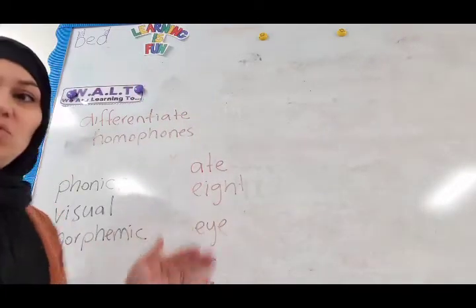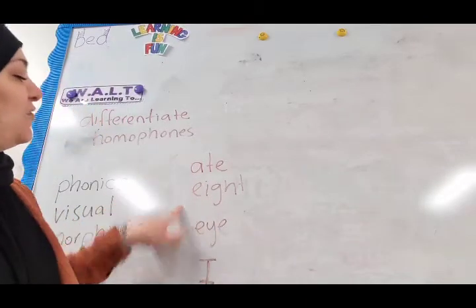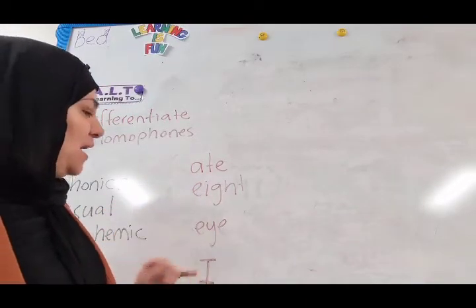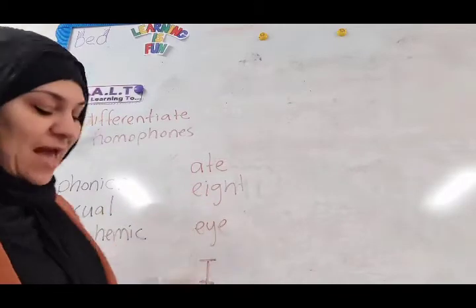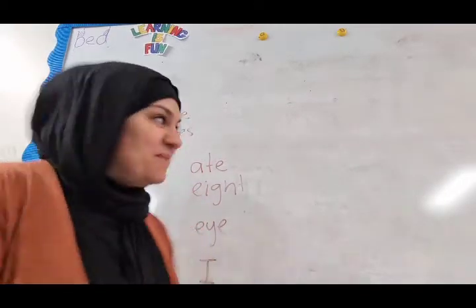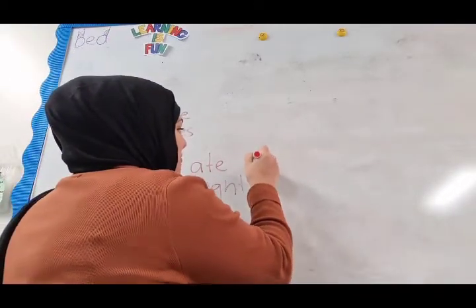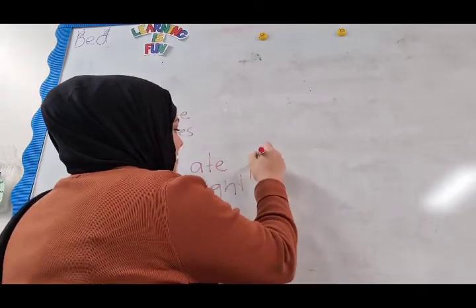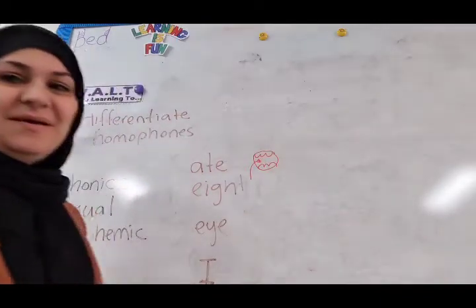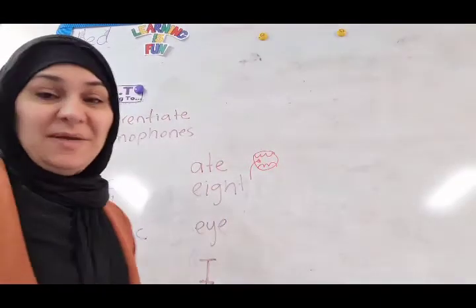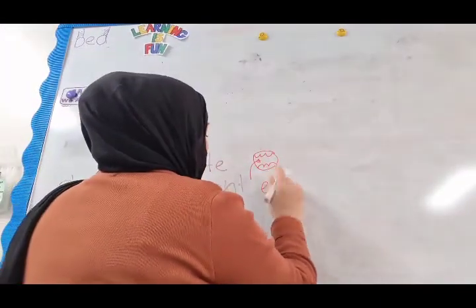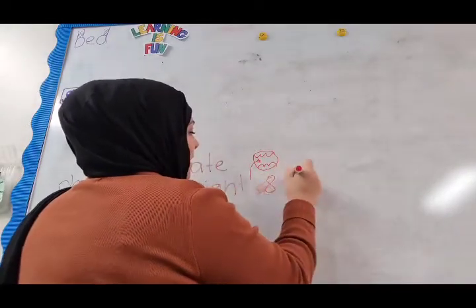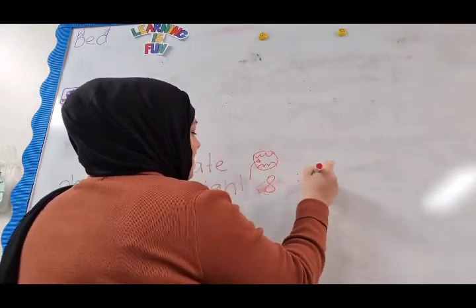Our focus, two homophones, which is 4 words, for this week are ate and eight, eye and I. And of course, ate, A-T-E, means nom nom nom nom, to eat. I'm going to draw a mouth, and somebody eating. Okay? Our next one, eight, is the number 8, which is the numeral 8, which is 1, 2, 3, 4, 5, 6, 7, 8.